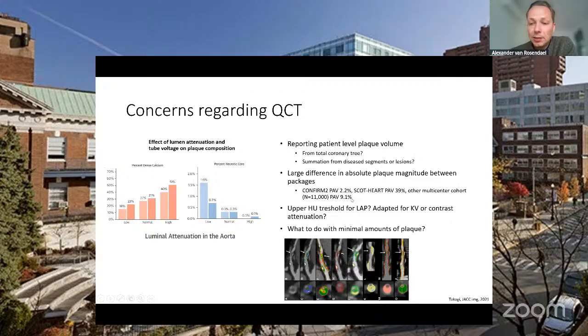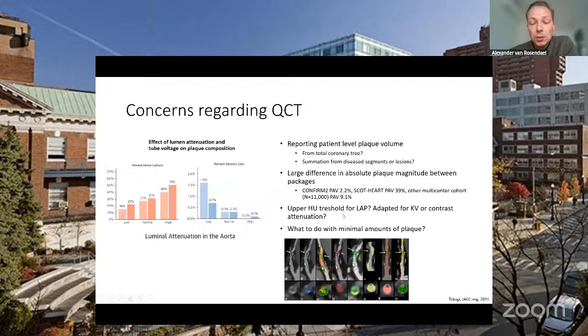Of course, these are different cohorts, different risk profiles of patients, but these differences are too large to only be explained by that. And it probably all has to do, to a certain extent, with whether or not you include the vessel wall in your plaque magnitude. Because if you include the vessel wall, your plaque volume is going to be much larger.